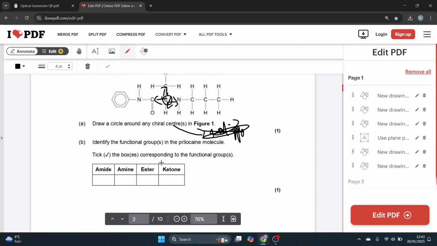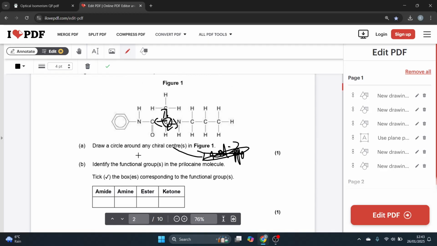Perfect. Part B, identify the functional groups in the prilocaine molecule. So I've definitely got an amine. Have I got an amide? Yes, I have. Amine and amide.